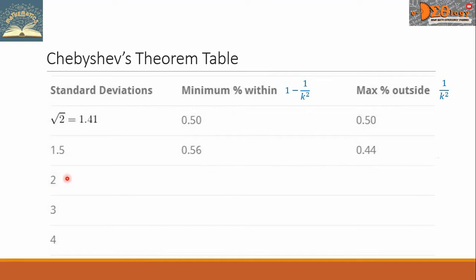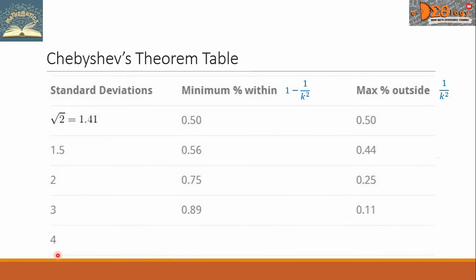When standard deviation is 2, the maximum percent outside is 0.25, while the minimum percent within is 75%, or 0.75. When standard deviation is 3, the maximum percent outside is 0.11. For the minimum percent within, that is 0.89 or 89%.